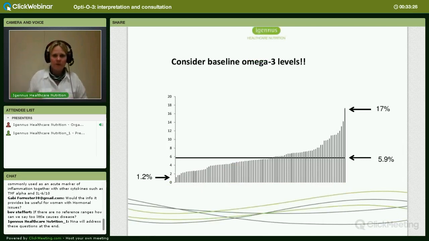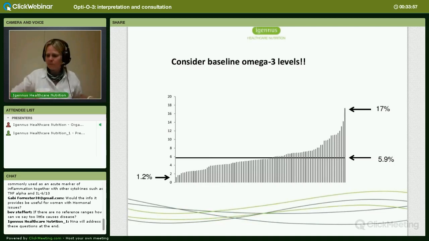Interestingly, and I've talked about the importance of identifying omega-3 baseline levels. So currently, our average is just under 6, our highest is 17, and our lowest is 1.2%. So, for example, if we were to take everybody that we've screened, without taking into consideration their baseline levels, and we gave them all 1 gram of omega-3, it wouldn't be that surprising to find that not everybody is responsive.